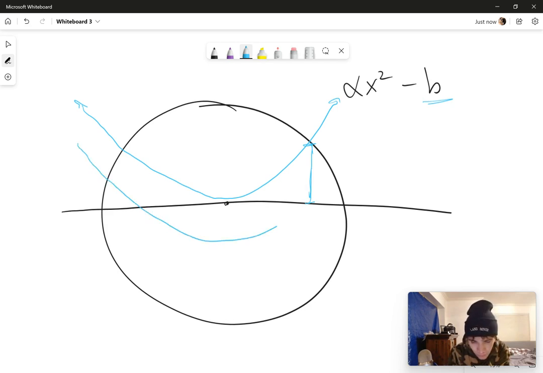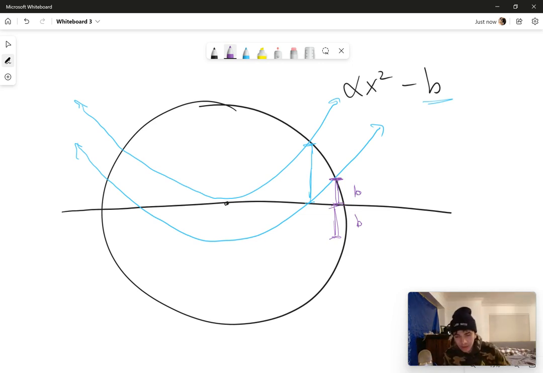It's kind of a non-trivial thing, but I'm creating a shift in alpha that's also simultaneously changing b in a way that the parabola is balanced around the center of the circle, and the points of intersection with the circle are the exact height of the vertical downward shift of the parabola.